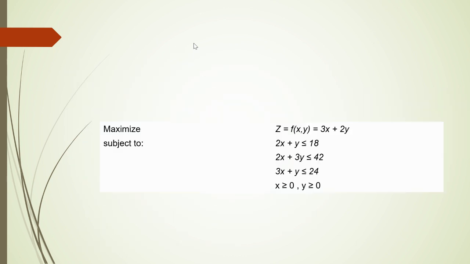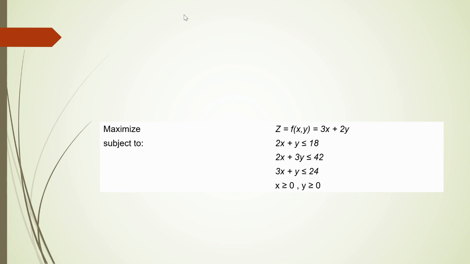For example, this is an example of an objective function. Here, maximize 3x plus 2y. This is the objective function, and the inequalities are given here: 2x plus y less than or equal to 18, 2x plus 3y less than or equal to 42, 3x plus y less than or equal to 24.